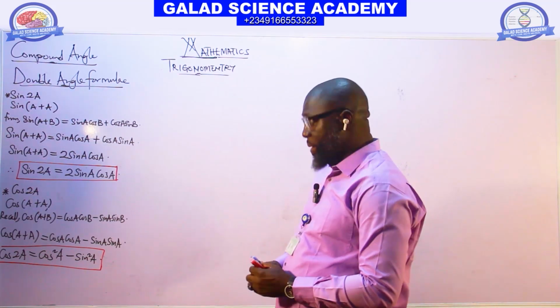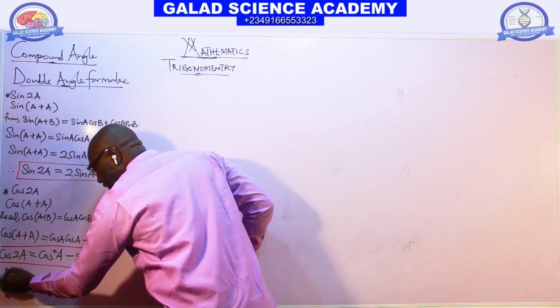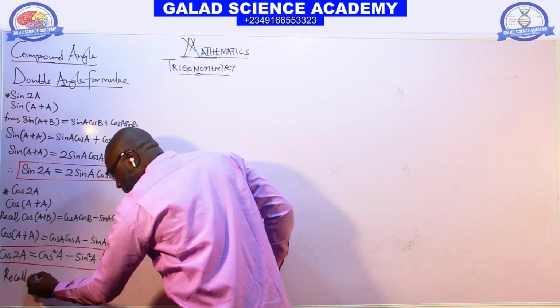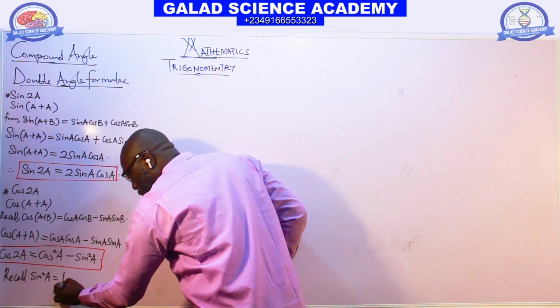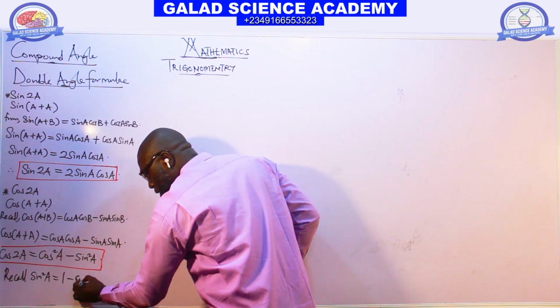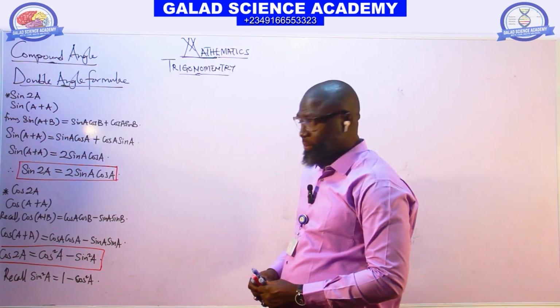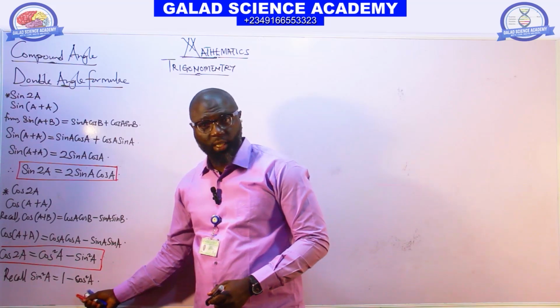But if you can still remember from trig identity, recall that sine square A is equal to 1 minus cos square A from trig identity.